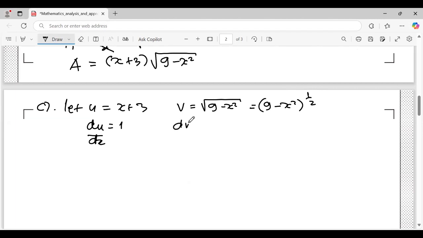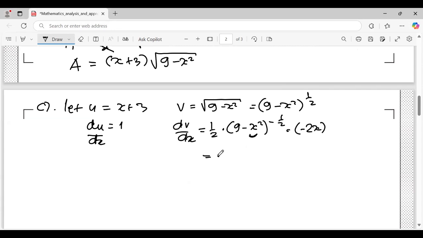So dv dx is 1/2 times 9 minus x squared power minus 1/2 times the derivative of minus x squared, which is minus 2x.